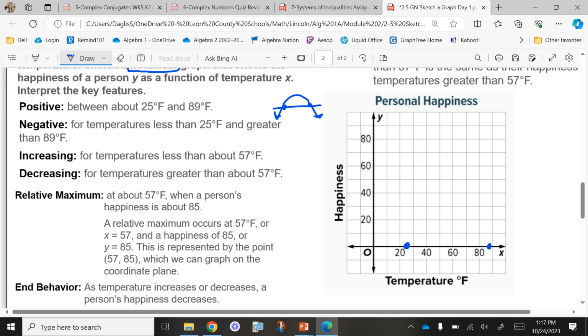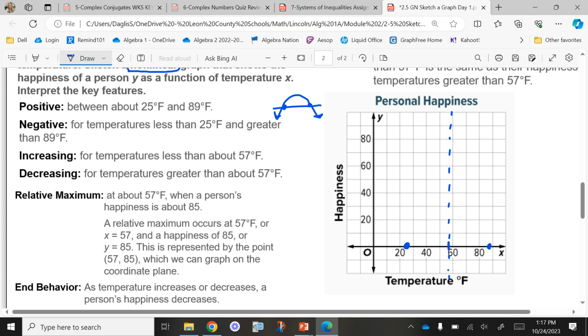Okay? 57 is going to be my middle. So we're increasing until we reach that 57, and then we're decreasing again. So 57 degrees is about right here-ish. But again, I don't know how tall it is. I know this is going to cut it in half, but I'm still not sure where that highest point is going to be. Okay?